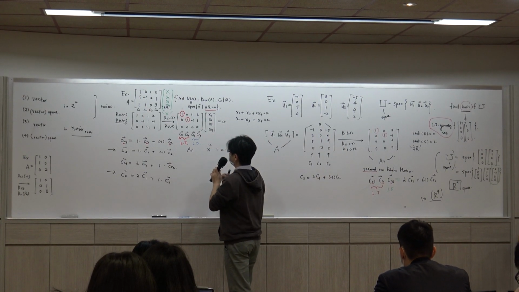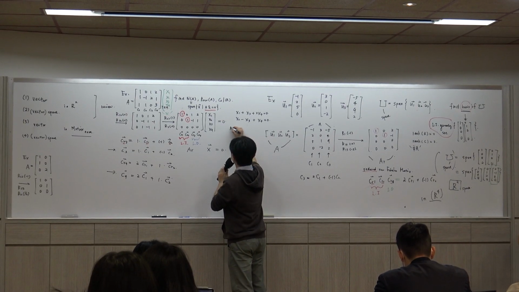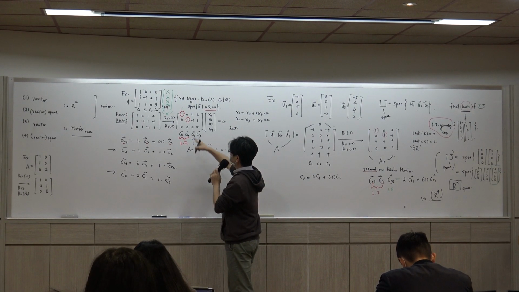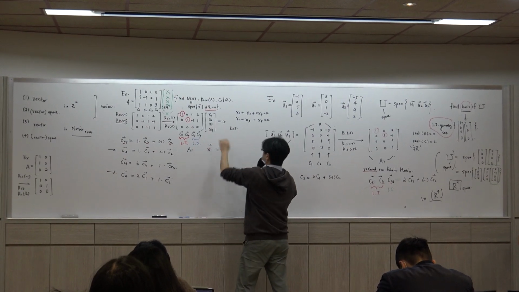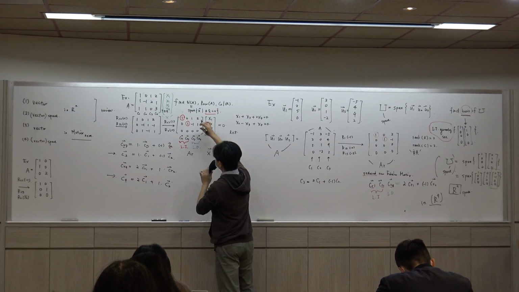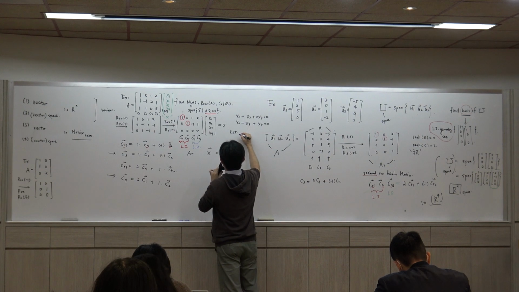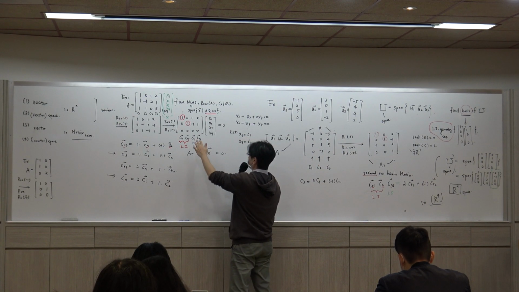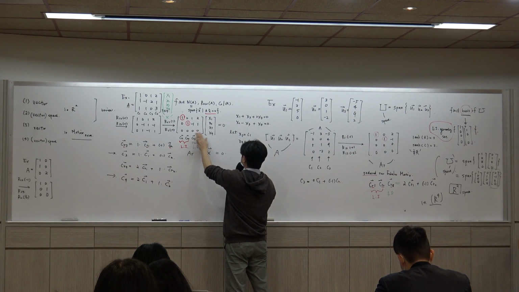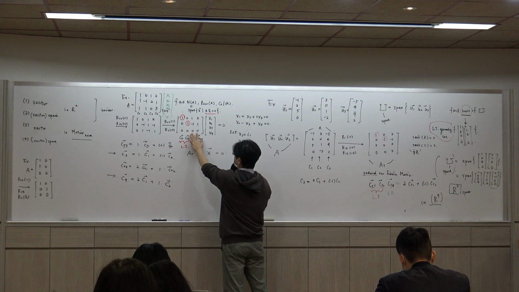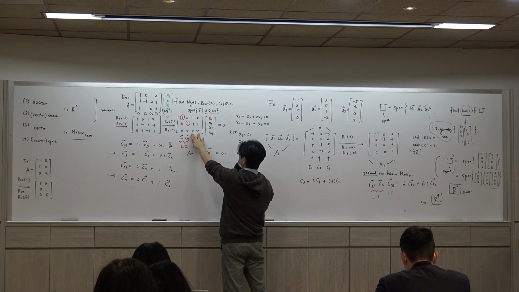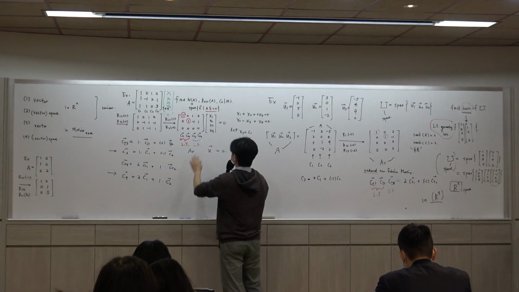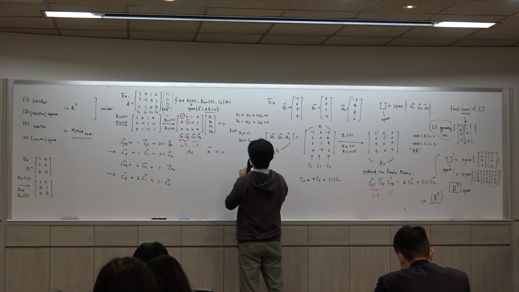So, as mentioned before, we usually let S3 equal C1 and S4 equal C2, because S3 and S4 are located at non-pivot positions. So we use this assumption.